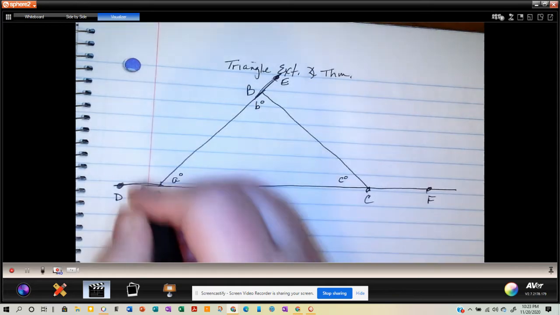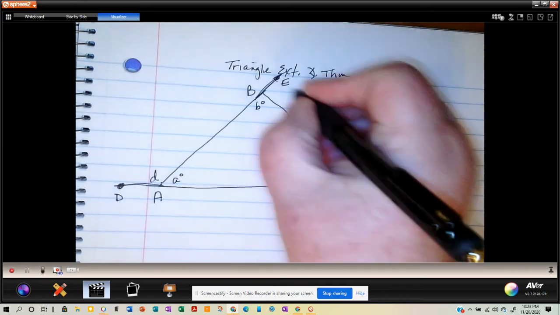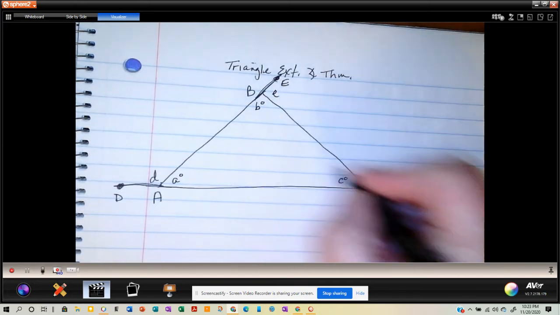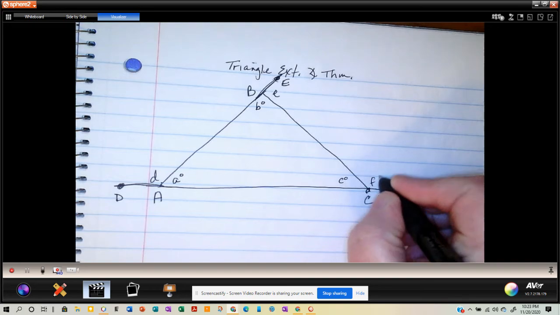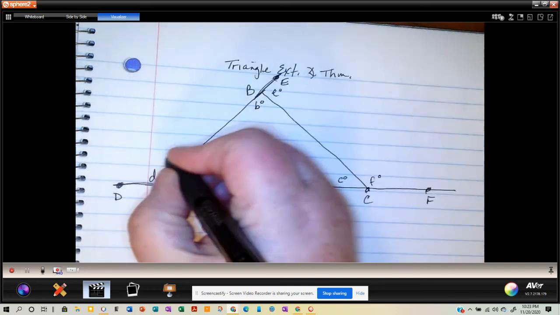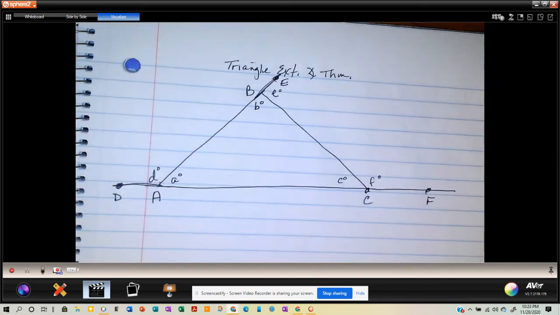On the outside I have little d, little e, and little f degrees. Okay, so we've got a picture with a lot of stuff on it. All right, let's do some labeling.